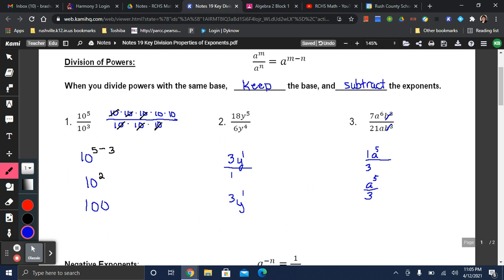So, as I did in that last part of the problem, you can think of this as canceling, thinking of it as there are more a's in the numerator than there are in the denominator by 5. So 6 minus 1 giving you the 5, and your answer would go in the numerator.